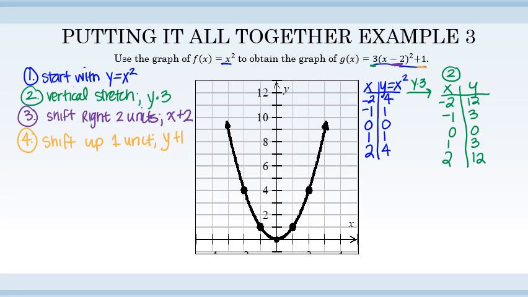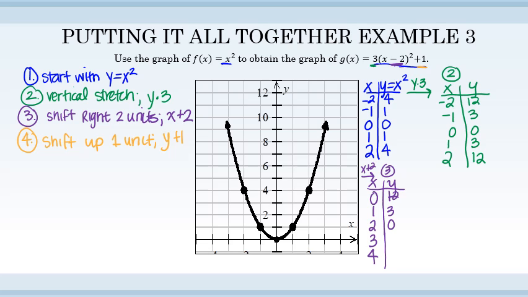Okay, now we'll do step 3, which is taking your x values and adding 2. So -2 plus 2 is 0. -1 plus 2 is 1. 0 plus 2 is 2. 1 plus 2 is 3. And 2 plus 2 is 4. And then our y values remain unchanged.